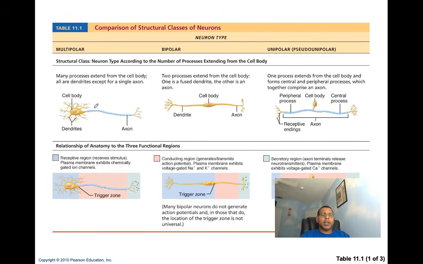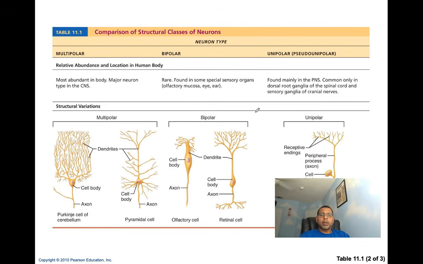Now our bipolar neurons have two processes extending from the cell body, a dendrite and an axon. Unipolar, only one process, and that one process is an axon. So some various types of neurons according to structure.